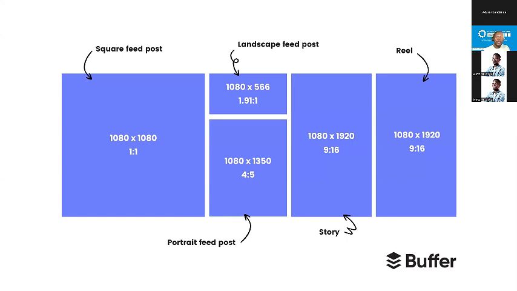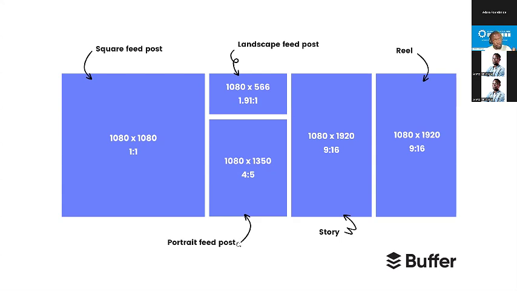Either you're doing a reel or maybe something square. The two recommended dimensions for posting pictures on Instagram are the square feed post and the portrait feed post. These two work best for posting pictures.